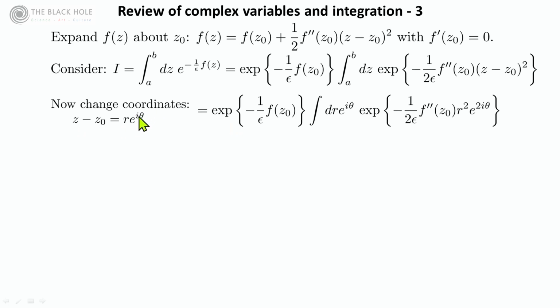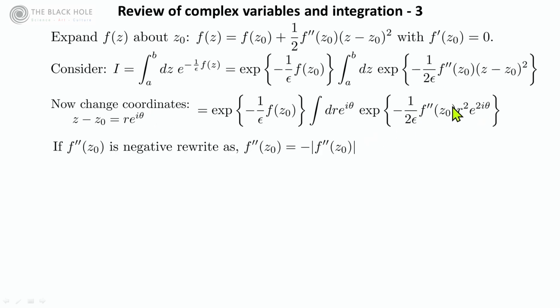Now here theta is something that I am going to fix according to my own convenience, according to my own liking. This is not a variable of integration. This is something that I choose. So dz is equal to dr, e to the i theta, and there's only the integration over r. And so there's the exponential, f double prime. Z minus Z naught squared is r squared e to the 2 i theta, because that's multiplying two of these together.